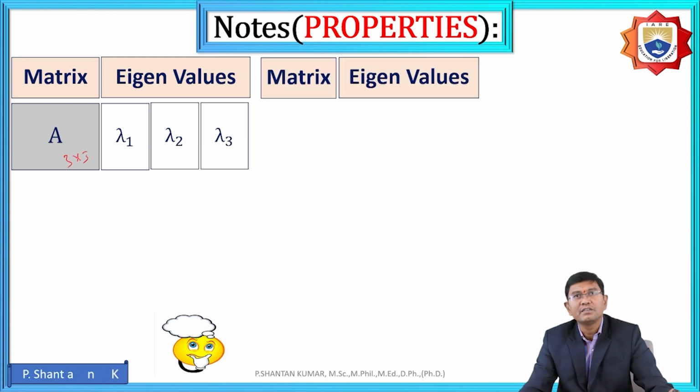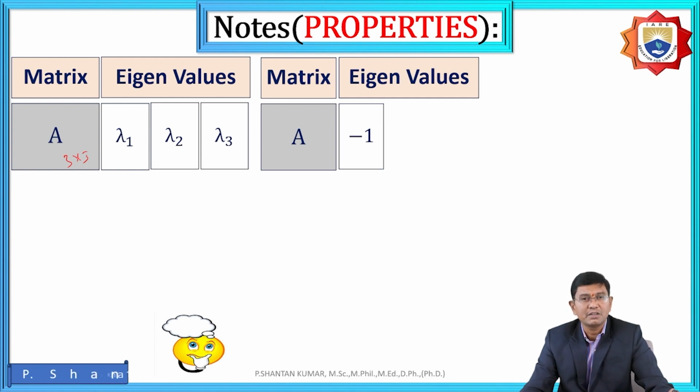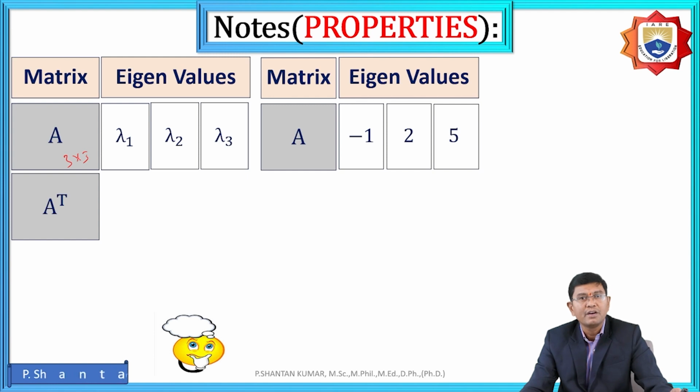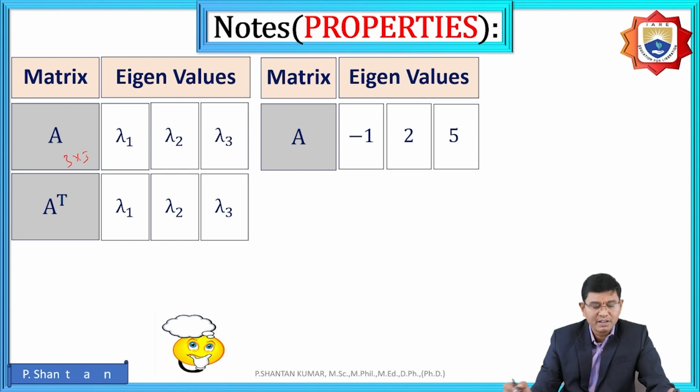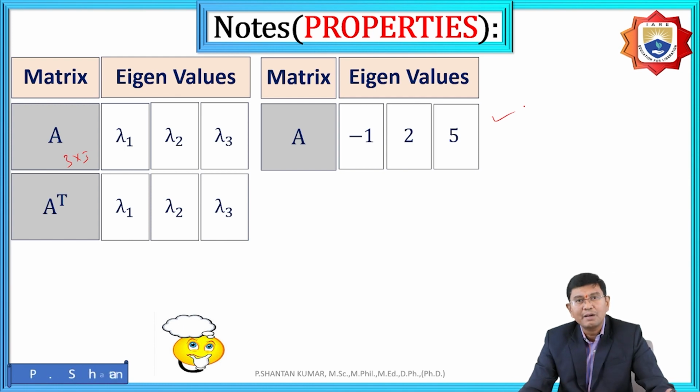Suppose the eigenvalues of the given matrix are minus 1, 2 and 5. Now consider the property of A transpose. Whenever the eigenvalues of the given matrix are lambda 1 equal to minus 1, lambda 2 equal to 2 and lambda 3 equal to 5, then applying the transpose of this matrix gives the same eigenvalues.